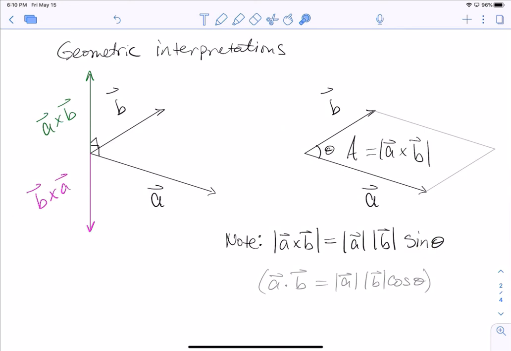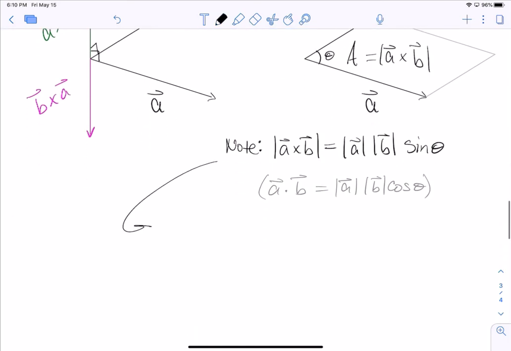And remember that because the cross product yields a vector, for this representation to make sense, we have to have the magnitude of A cross B. It follows from this relationship that if theta is either equal to 0 or pi, that is to say, if A and B are parallel, then A cross B is going to be 0, well, the 0 vector.